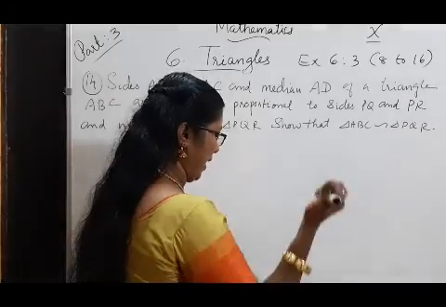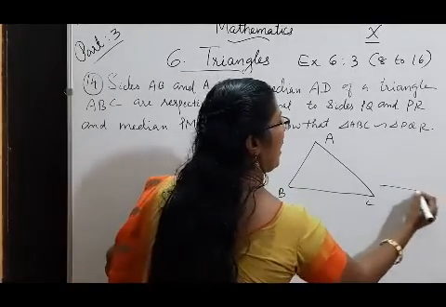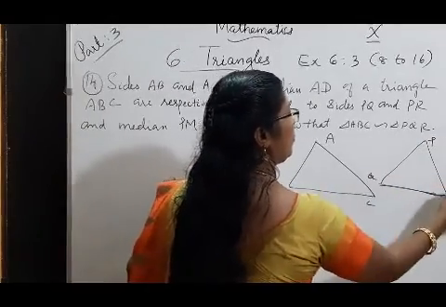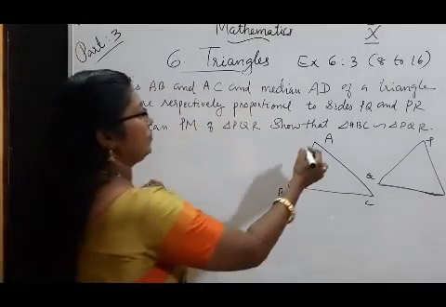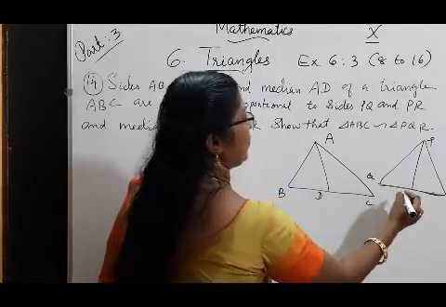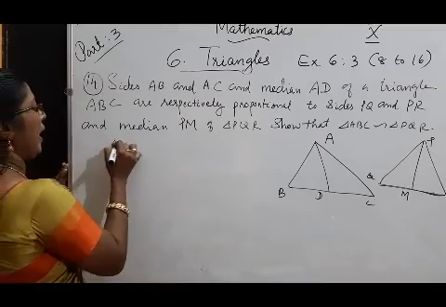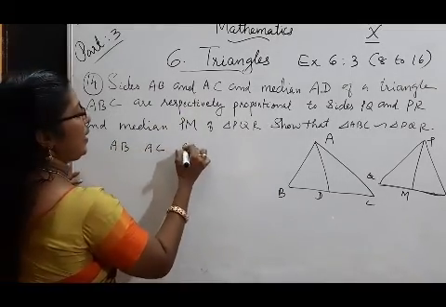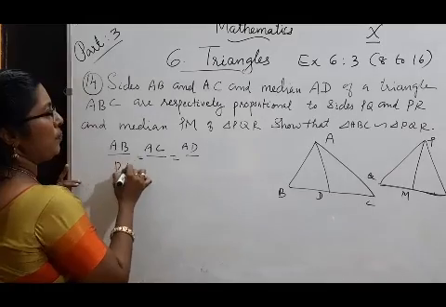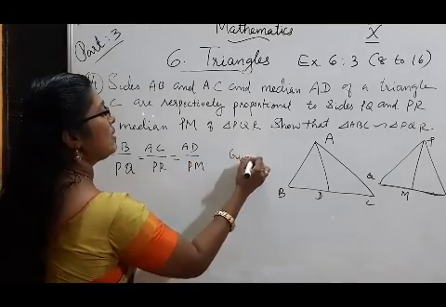So first of all draw two triangles, triangle ABC and another triangle PQR, with median AD, this is D, and the median PM, this is M. That is given: AB, AC, AD of triangle ABC are proportional to the sides PQ, PR and median PM.